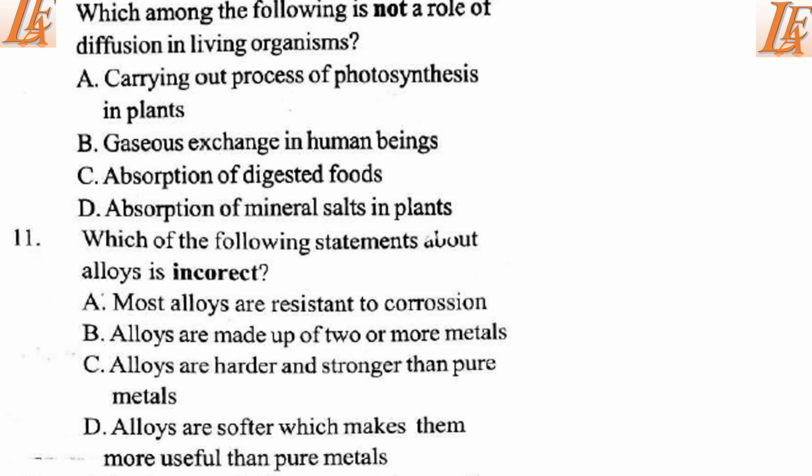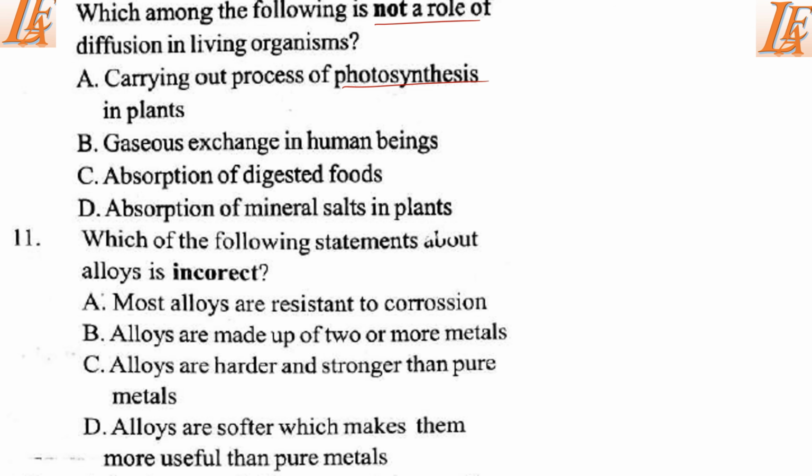Question 10. Which among the following is not a role of diffusion in living organisms? Diffusion, remember, is a process where particles move from a region of high concentration to a region of low concentration until an equilibrium is established. So which one of these is not a role of diffusion? It means the 3 of them are roles of diffusion. Let's look at option A, carrying out the process of photosynthesis in plants.